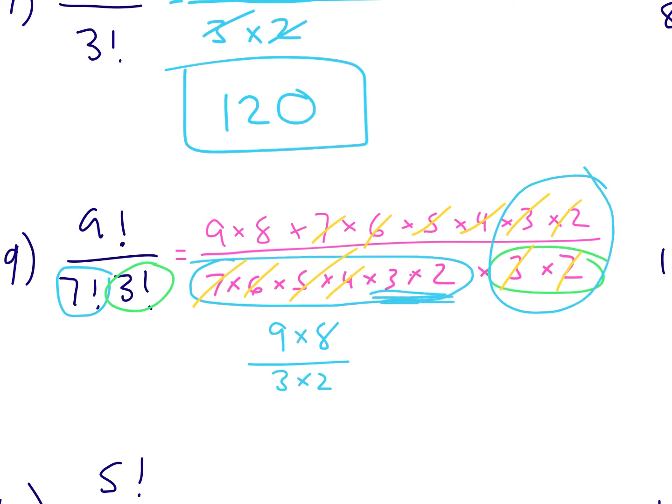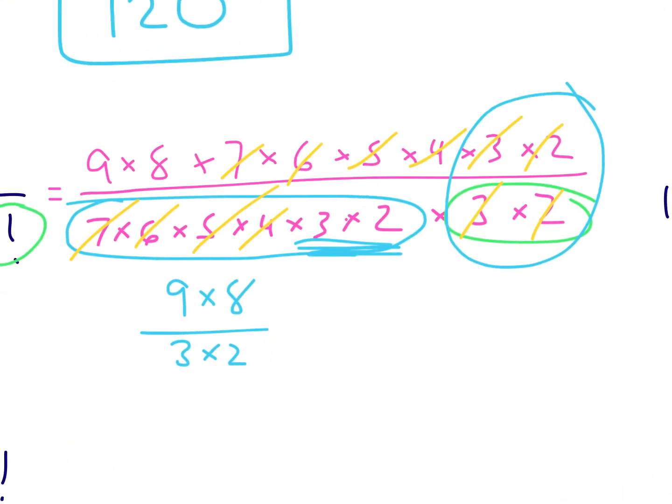You can only cancel out one thing at the top with one thing at the bottom. So even though I have 2 3s on the bottom, I can't cancel out both of them unless I had 2 3s on the top. What's 9 times 8? 72. And what is 3 times 2? 6. And what's 72 divided by 6? 12. Perfect. So our answer is 12.